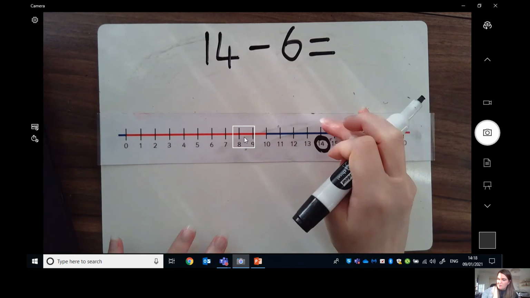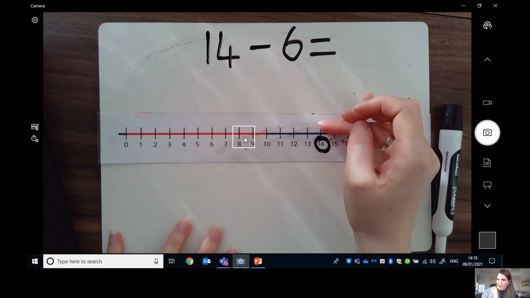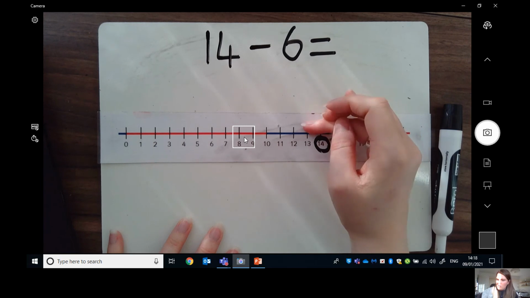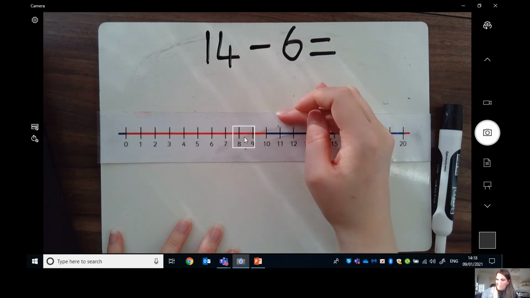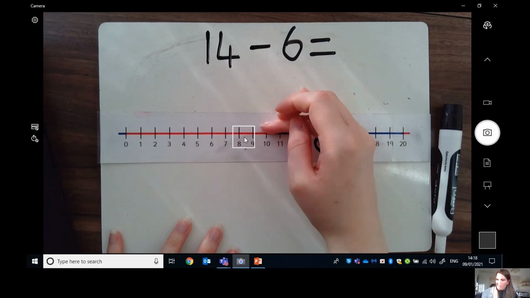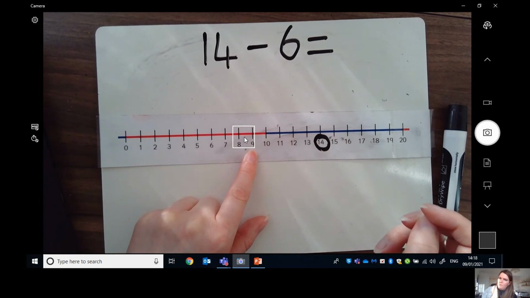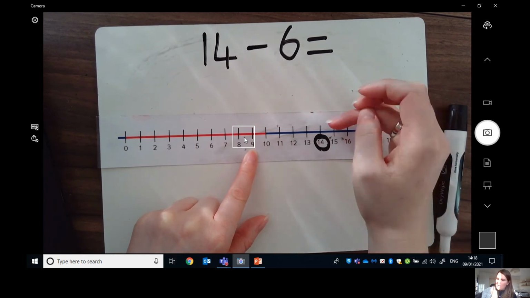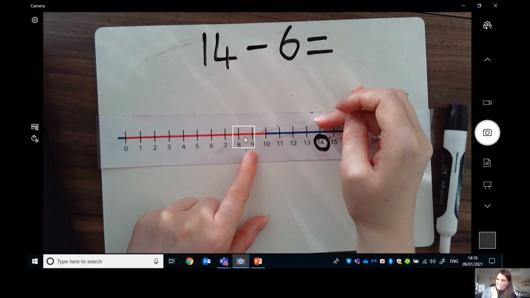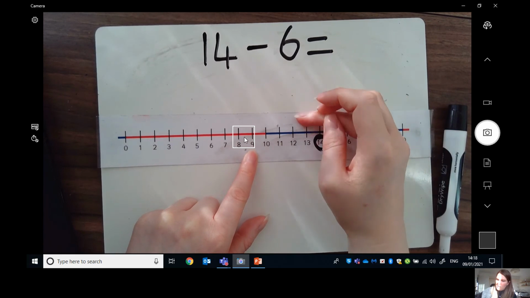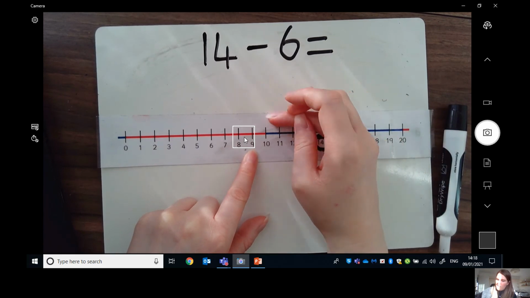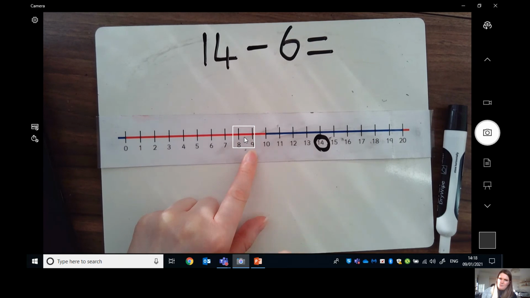Okay, so I'm going to make 6 jumps. Watching me carefully. 1, 2, 3, 4, 5, 6. I've landed on the number 9. I'm going to do that again. 1, 2, 3, 4, 5, 6.